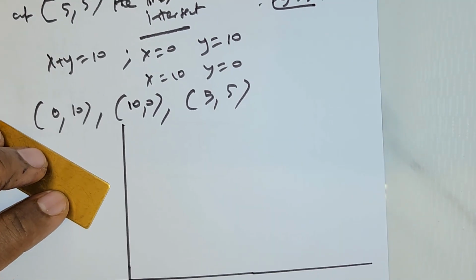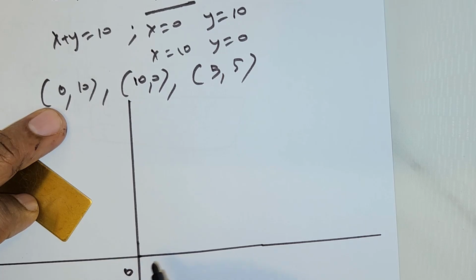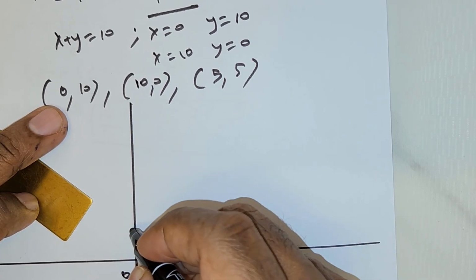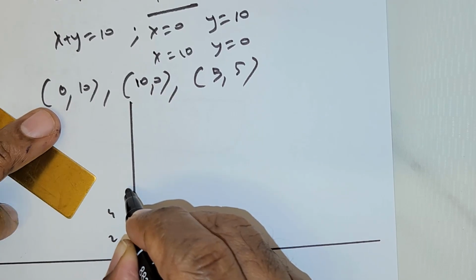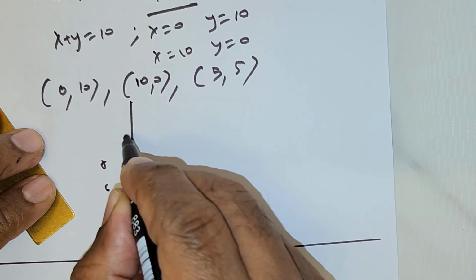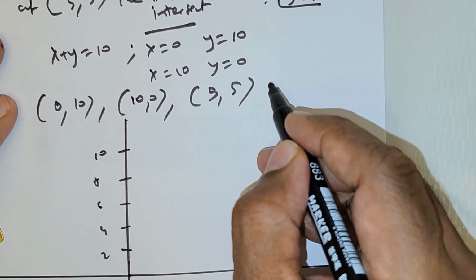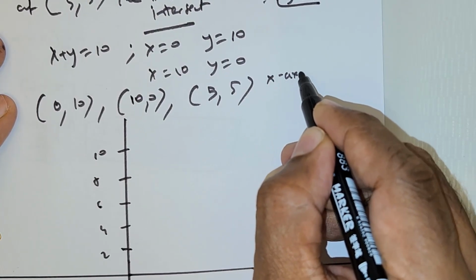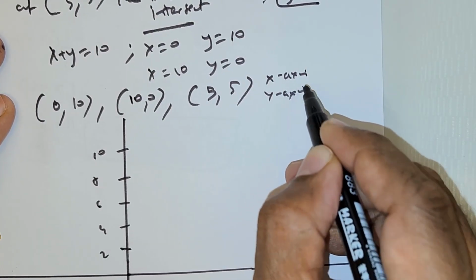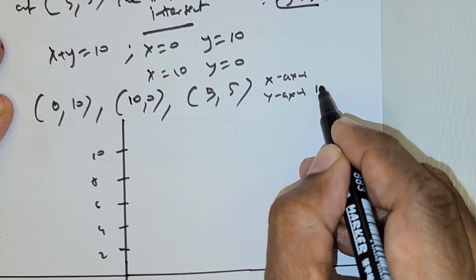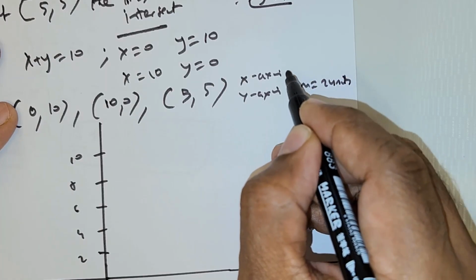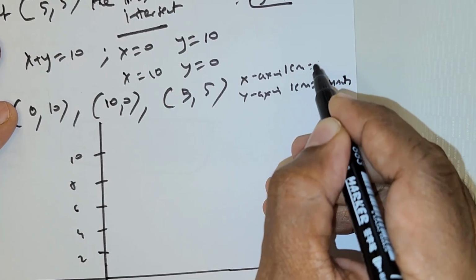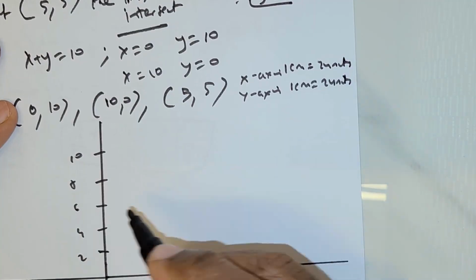Okay, so we start with (0, 10). I'm going to take these points as 2, 4, 6, 8 and 10. You can write the axes here, x-axis and y-axis. I'm going to take 1 cm = 2 units on both axes.